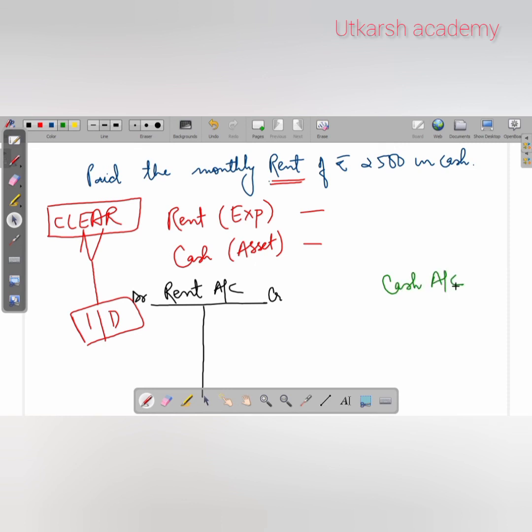Again T shape. This is debit. This is credit. Okay, fine. Now, see, rent expense. So expense is increasing because we are paying now. Are you getting me?